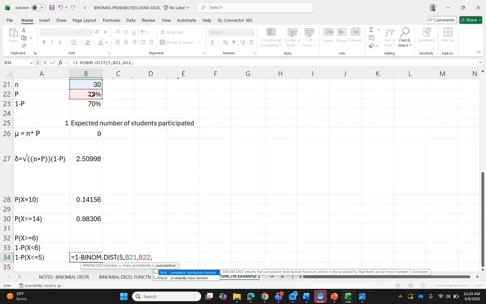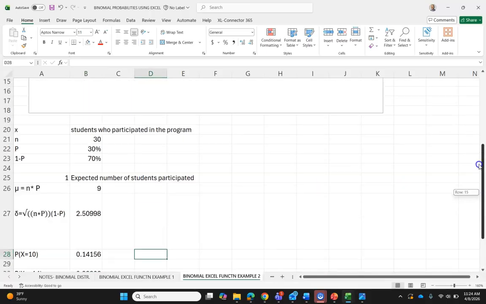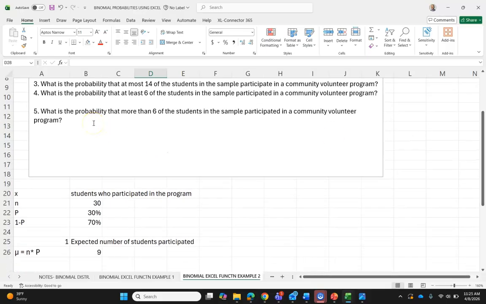And then the cumulative, it is not exact, but it is equal or less. So I'm going to click on true. It is cumulative. And so the probability such that x is greater or equal to 6 can be found this way, 0.92314.